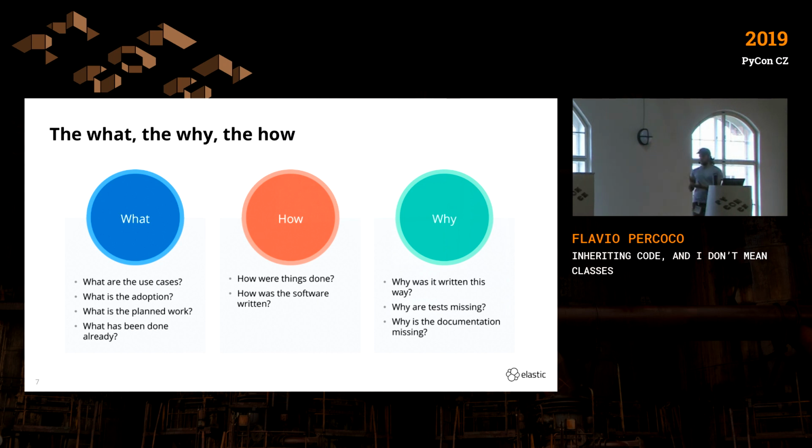So the second thing is understanding the how, and there's really not too much to say about it, other than I like to understand how things were done. So this is when we start looking into the architecture. We start looking into how the software has been written. If it is distributed software, I try to understand the architecture, how it's been deployed, and what tools were used to deploy it.